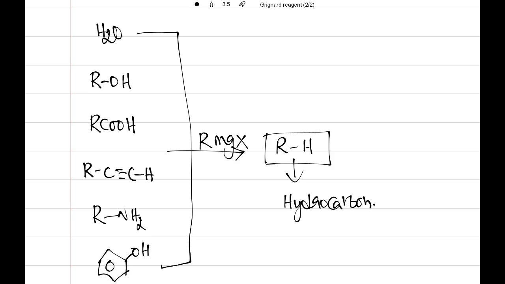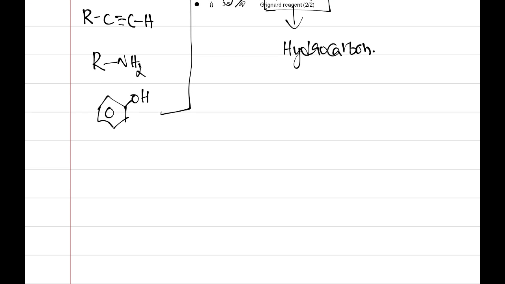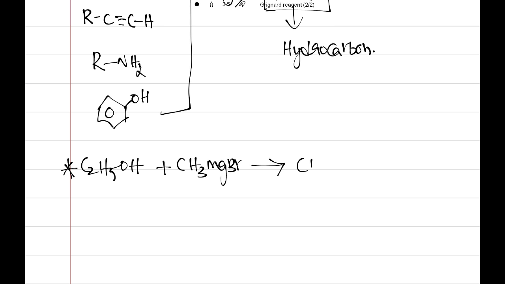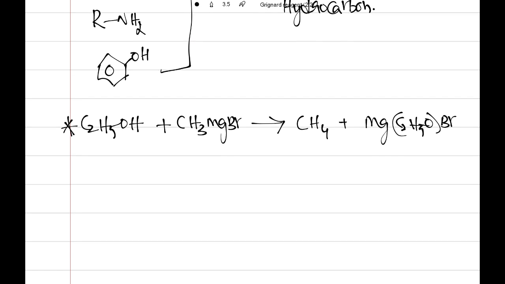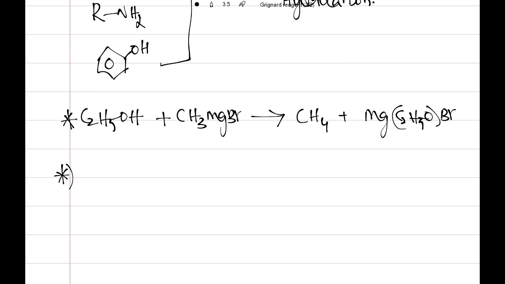If I take some examples, I am taking ethyl alcohol, C2H5OH, reacting with CH3MgBr. What is the product of the reaction? We get CH4 plus MgC2H5OBr. Next I am taking as an example CH3COOH, acetic acid.